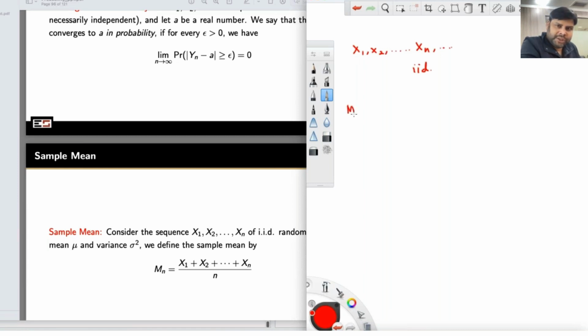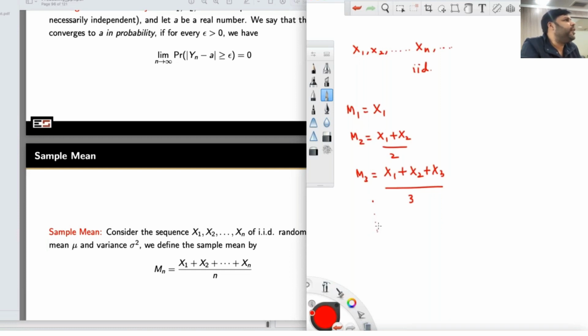So the first term in the sequence is the first observation. The second term of the sequence is the mean of the first two observations. The third term of the sequence is the mean of the first three observations, and so on and so forth.